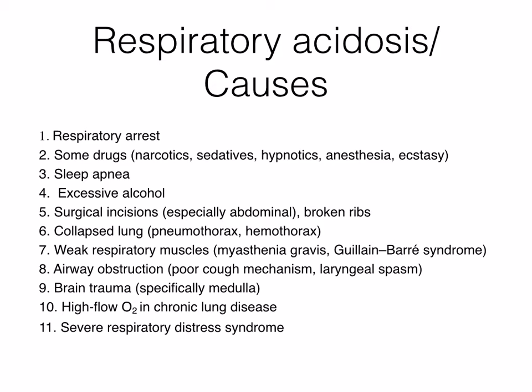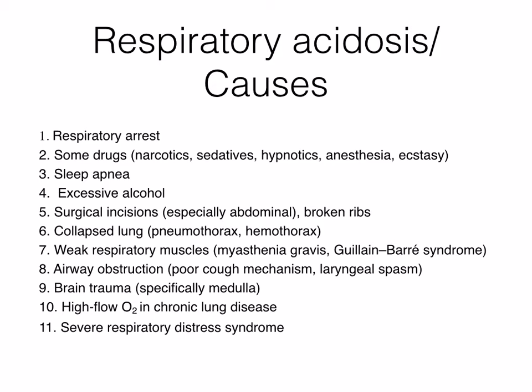Collapsed lung, we talked about it a little bit in respiratory, pneumothorax and hemothorax. In the collapsed lung, lungs are unable to blow off excess carbon dioxide, and that's why it's causing a buildup of carbon dioxide in the blood.